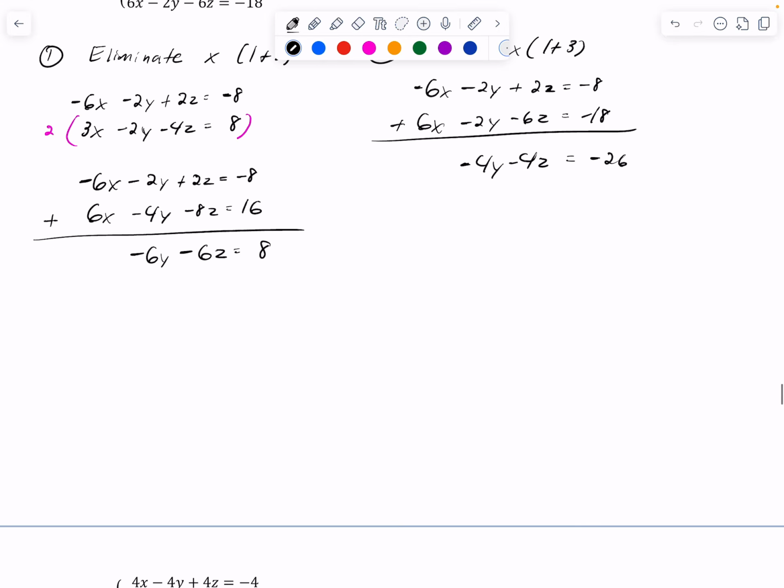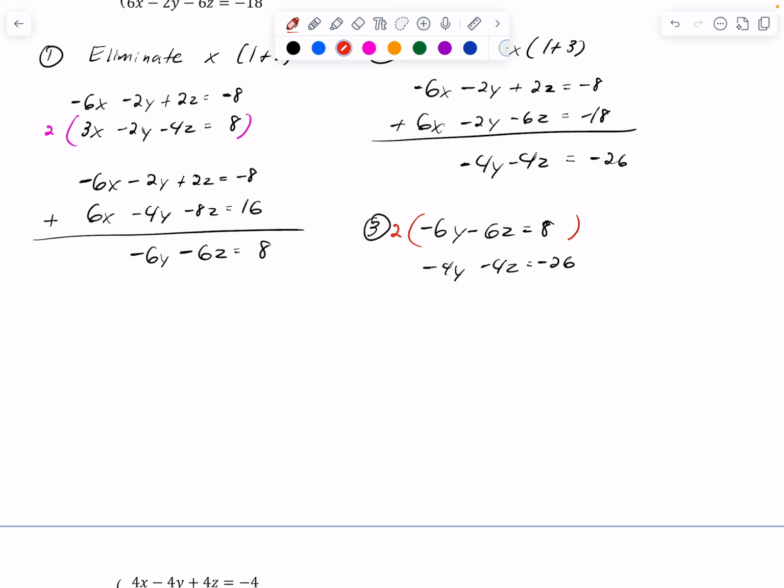Put these together. So step 3 is to put them together, and then choose which one you want to eliminate. I'll go ahead and choose to eliminate, let's eliminate y. So I'm going to multiply this one. What would be the lowest common denominator? Get to 12, right?